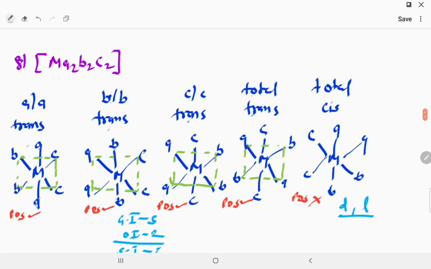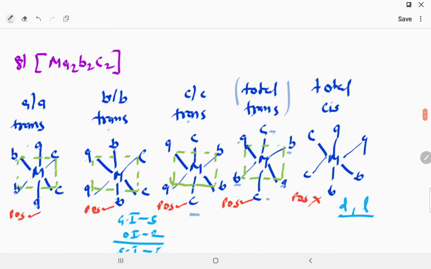In this BB trans, but not all are opposite. BB is cis, in this A is cis. In this BB is trans. The third one is CC trans. In the fourth one, total trans, C trans, A trans, B trans.